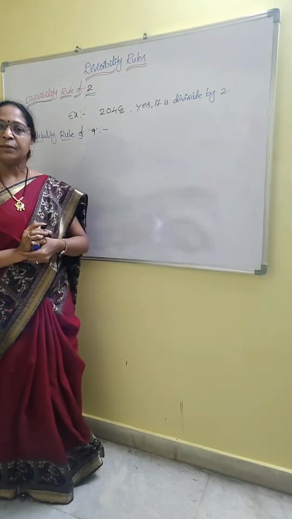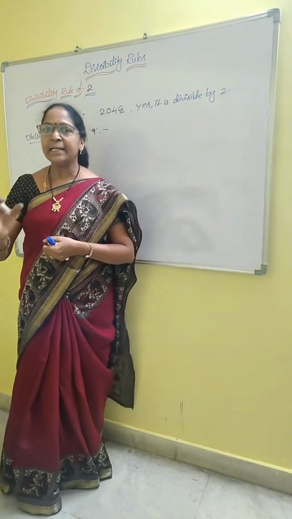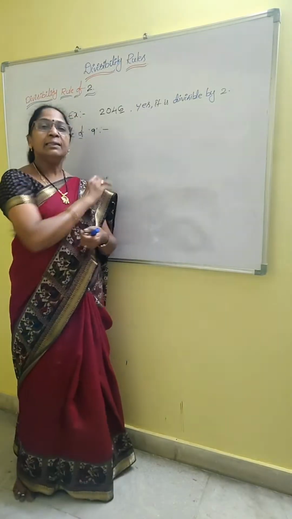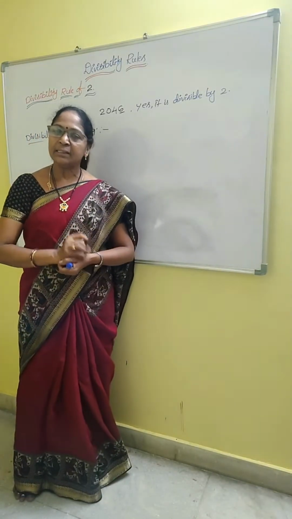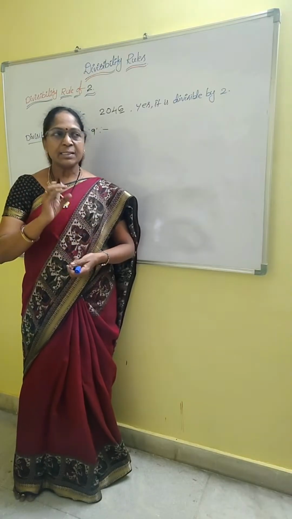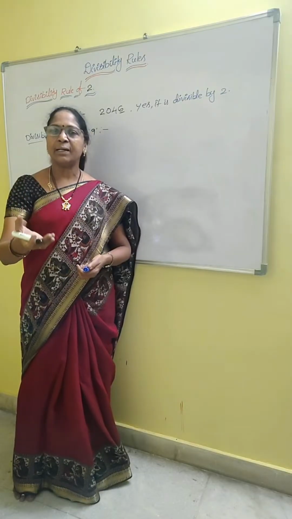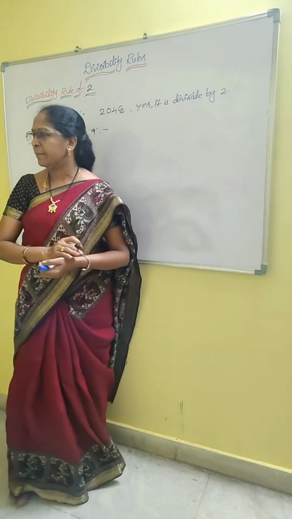What is the divisibility rule of 9? The rules for 3 and 9 are similar. What is the divisibility rule of 3? If the sum of the digits is divisible by 3, then only the given number is divisible by 3.